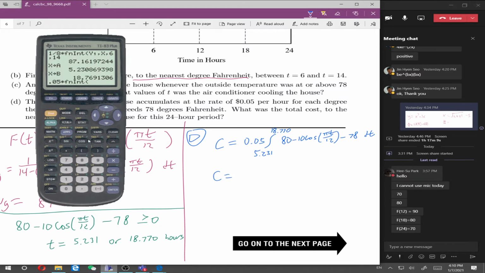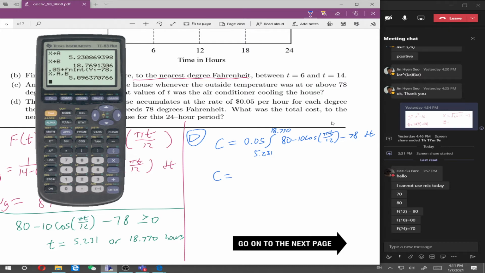I'm going to integrate variables, y variables, function. y1 is the 80 minus 10 cosine pi t over 12. I'm going to subtract the extra 78 there. We're going to integrate in terms of x from a to b, since we already have those endpoints stored in our calculator. That should give us a more exact answer than even what we wrote down here, which is 5.096.